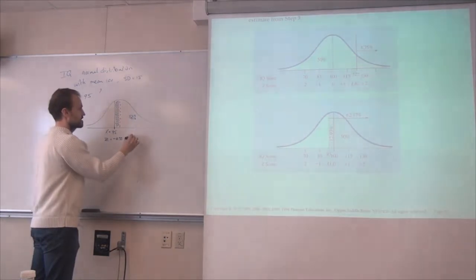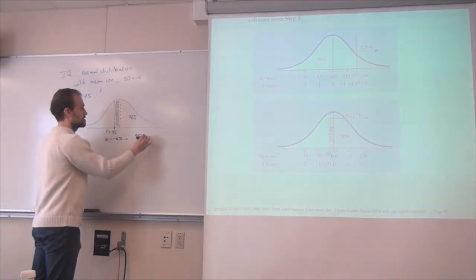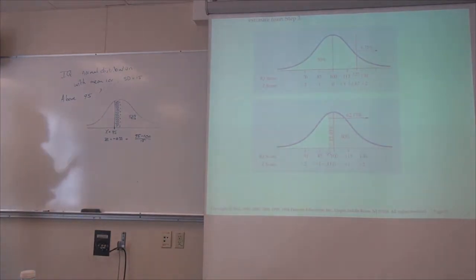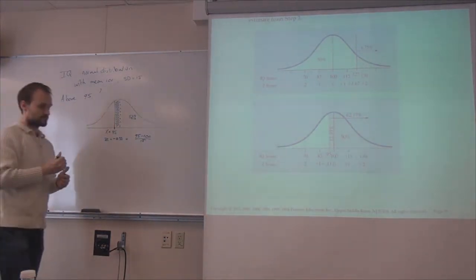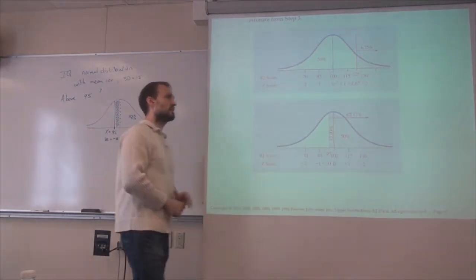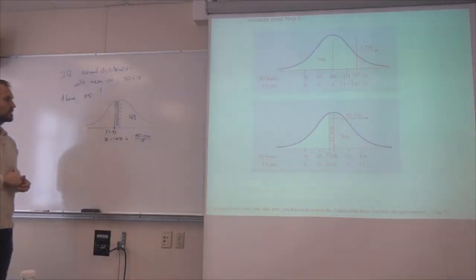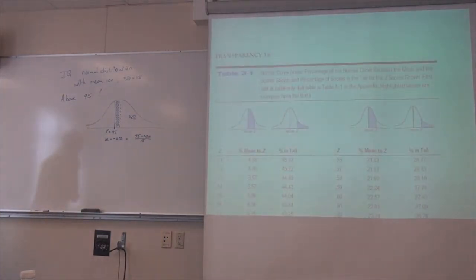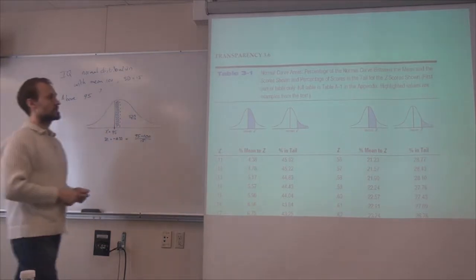Sorry, let me write that down. 95 minus 100 over 15. So I need the z-score to use the table. It's standardized, so there's only one table for any set of scores. So now in the table, let me just go up to what the table looks like.